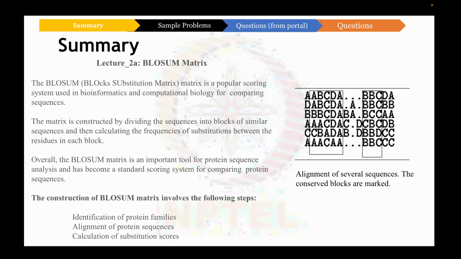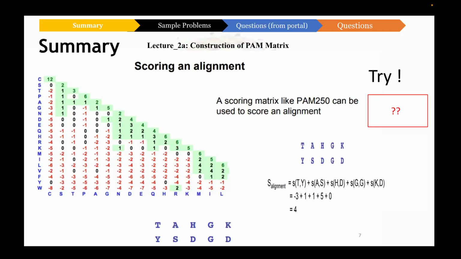Excuse me, I joined late. In the previous slide, can you please tell me what the green highlighted ones are and the ones which are not highlighted? What is the difference? What does this signify? Yeah, so mostly the positive scores are highlighted.